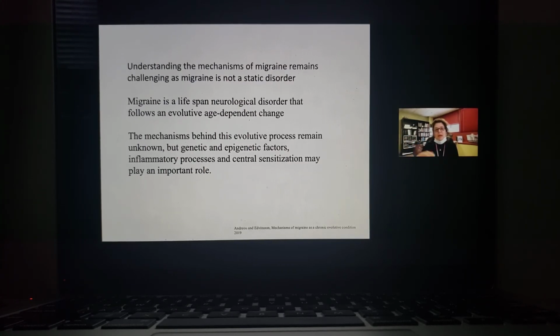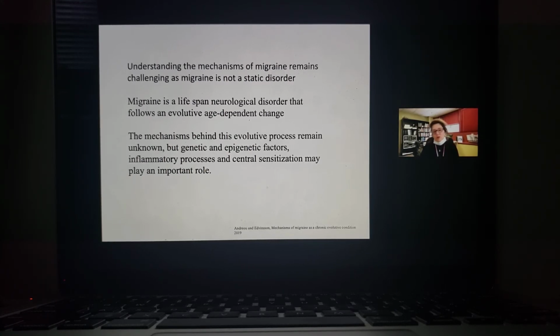And this wave is really what could explain why individuals actually have an aura. They know that the pain is coming. So it is not only because there is vasodilation and vasoconstriction of the vessels, which for many years we thought was the case.